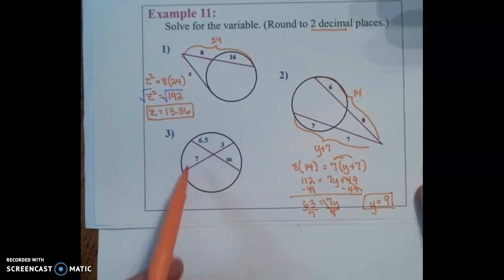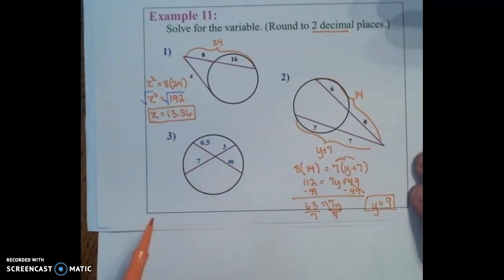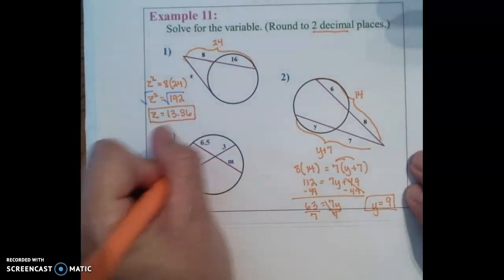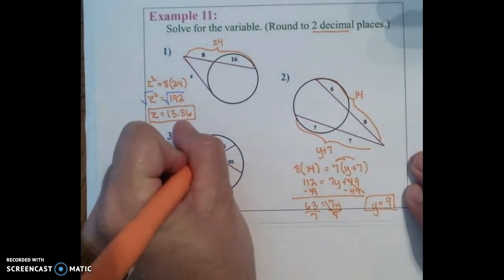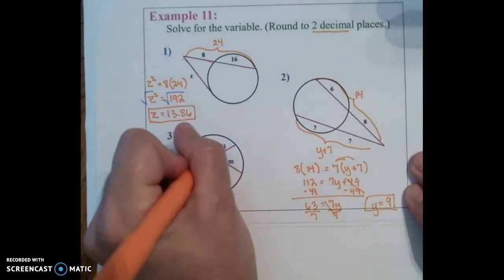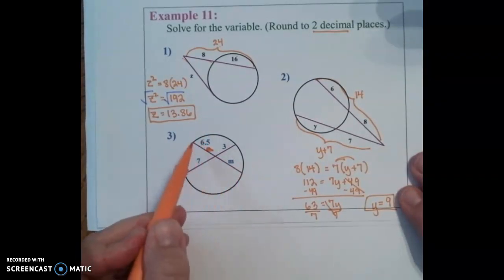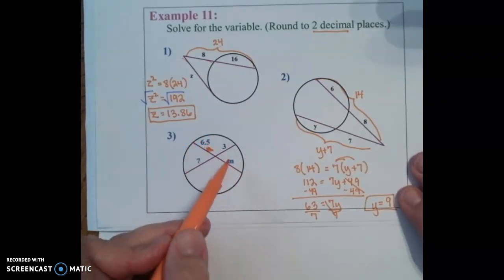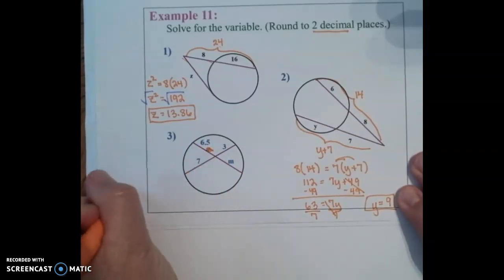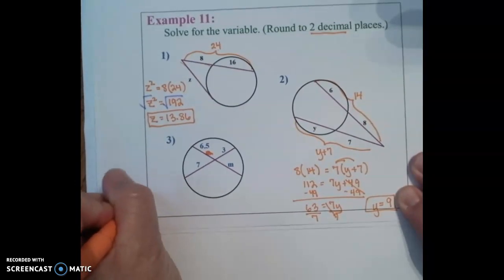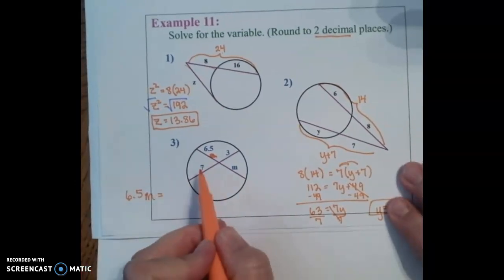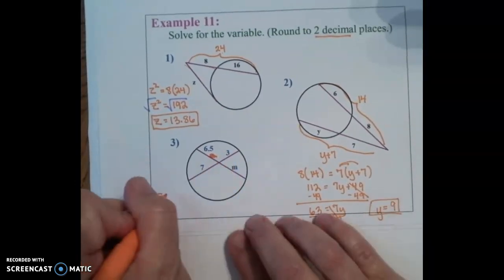And then your last example is the easy one. Basically you need to look at your secant and you're going to multiply each piece by each other. So 6.5 times m is equal to 7 times 3.